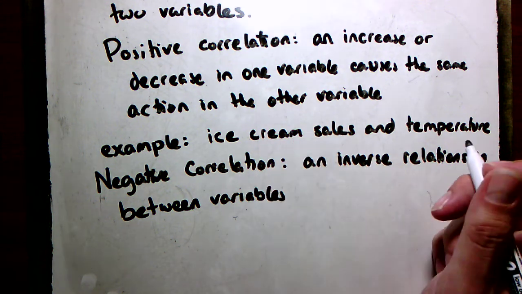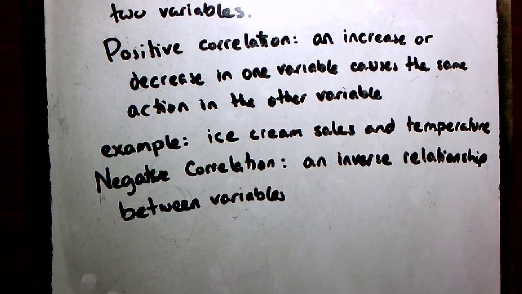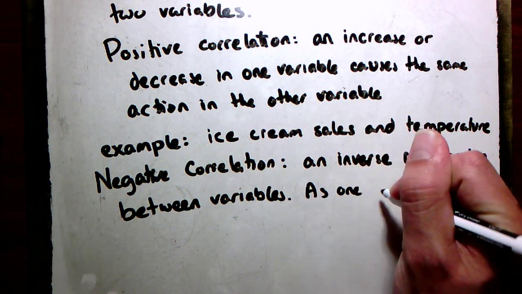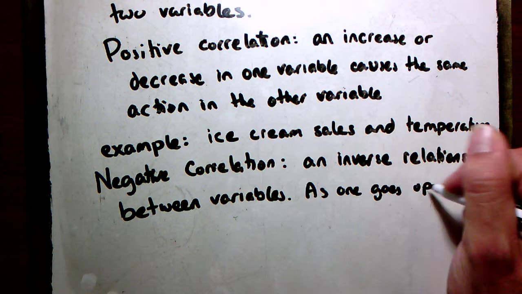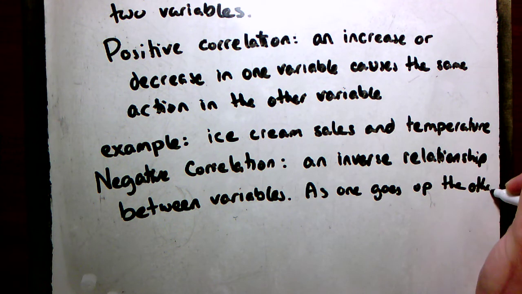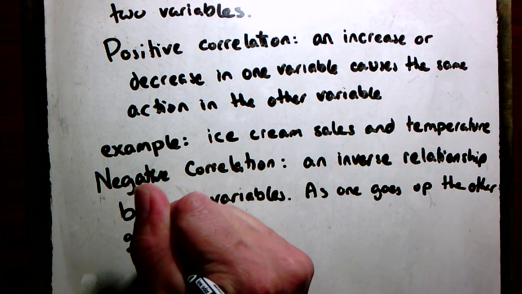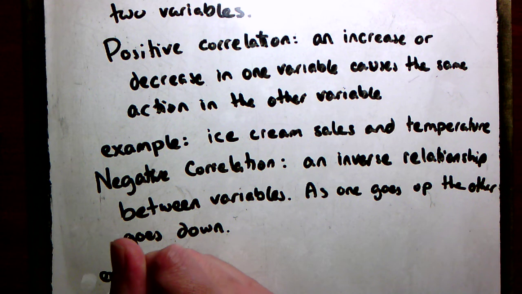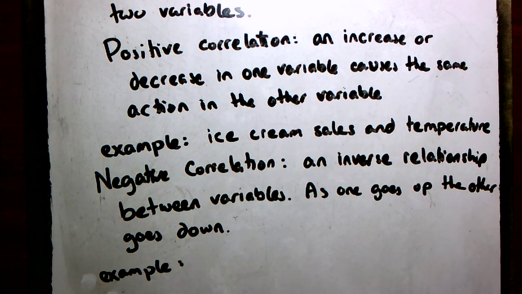In other words, as one goes up, the other goes down. An example of negative correlation. Let's see. Maybe hot chocolate sales and temperature.